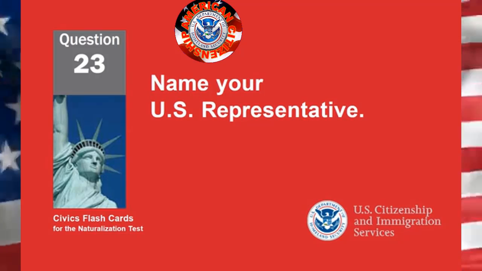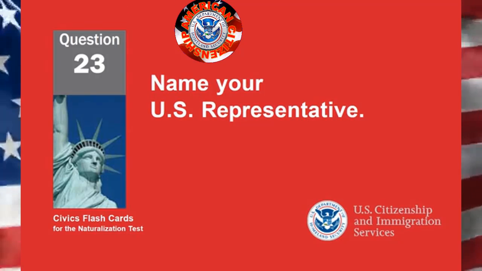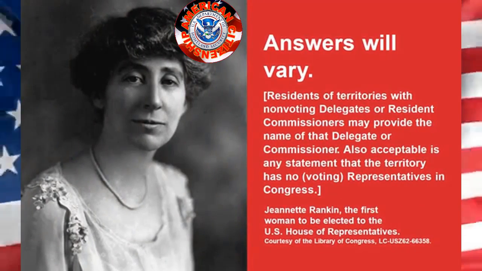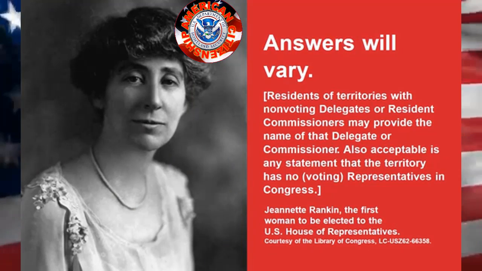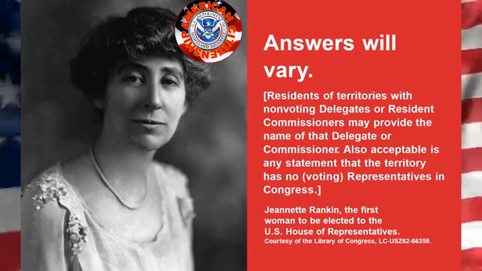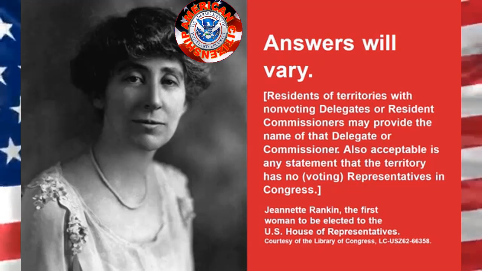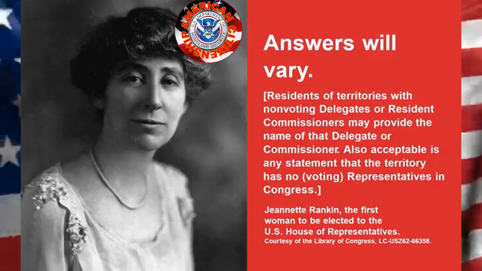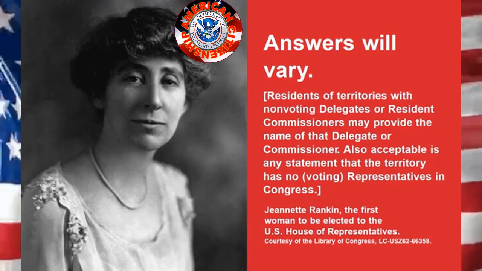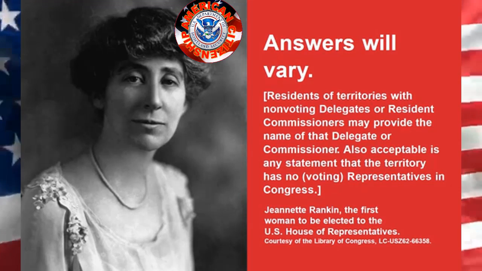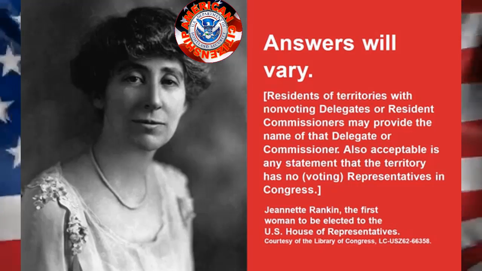Name your U.S. representative. Answers will vary. Residents of territories with non-voting delegates or resident commissioners may provide the name of the delegate or commissioner. Also acceptable is any statement that the territory has no voting representatives in Congress.